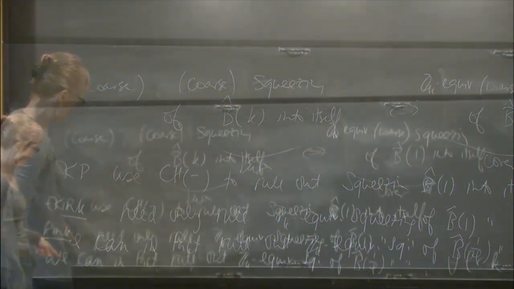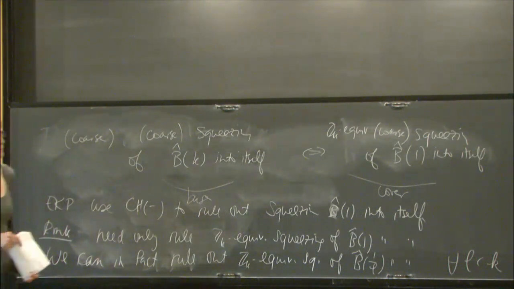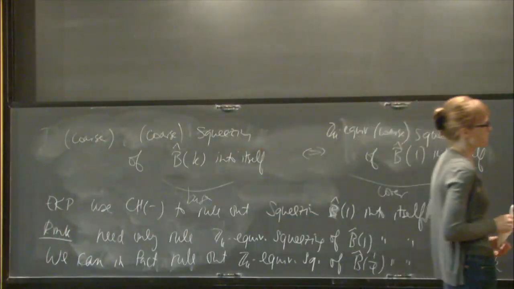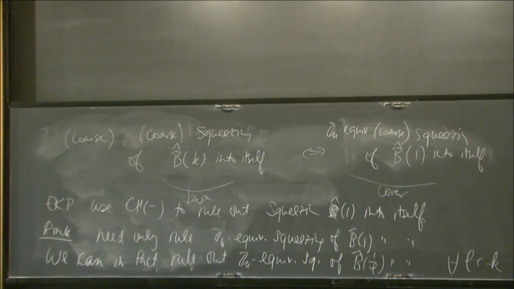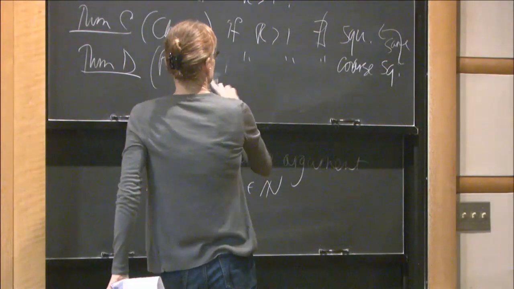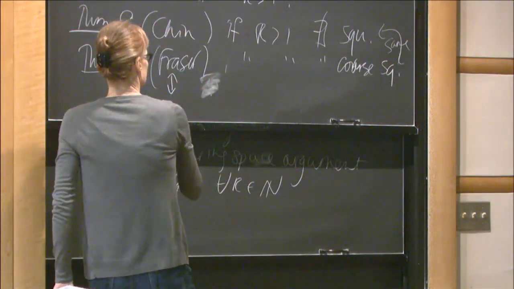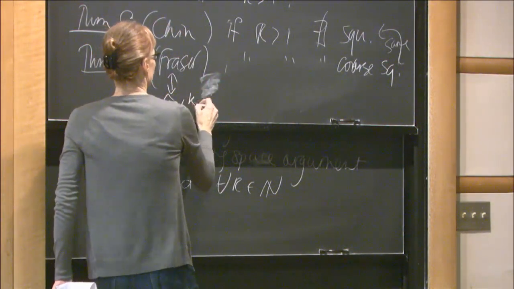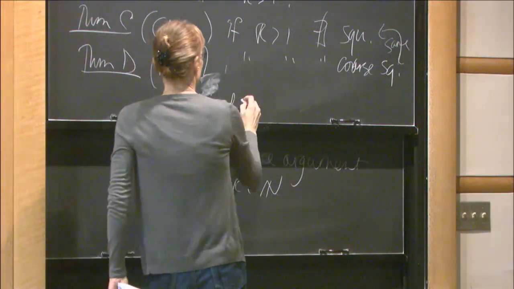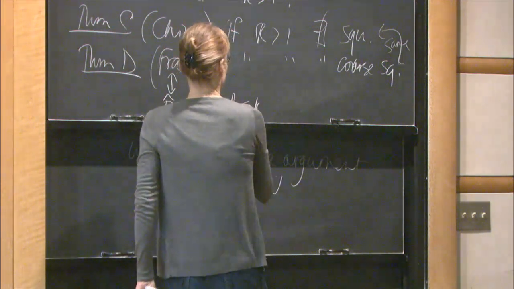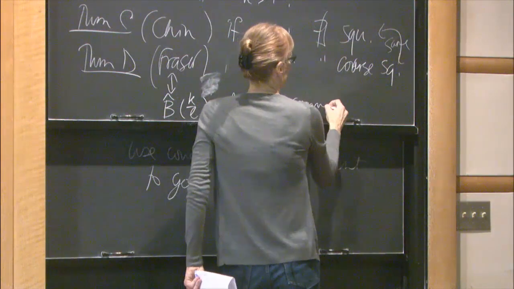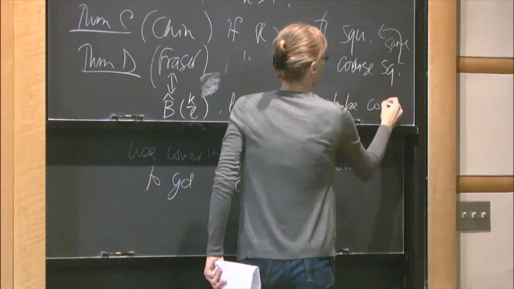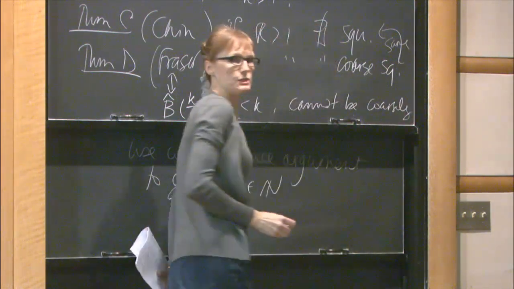And this will then give rise to this statement here, which is another way of putting this, is that hat B_k over L, when L is less than k, cannot be coarsely squeezed into itself.